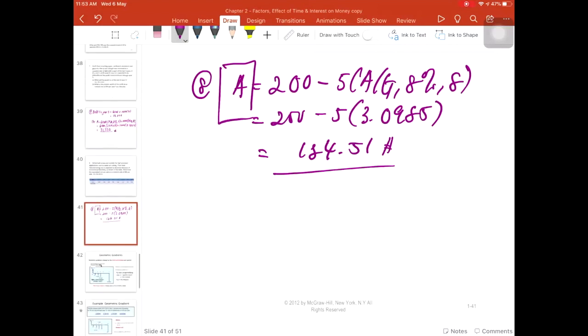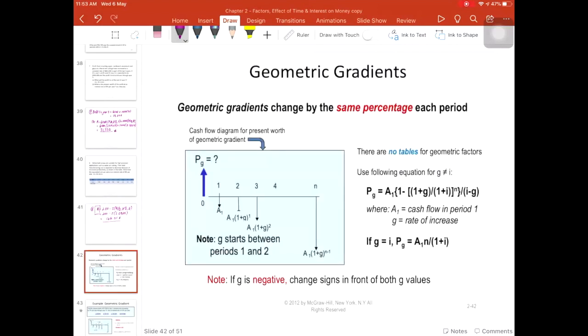Right. Next, the last one is for the geometrics. Tadi we have P over F, F over P, P over A, F over A, and then we have arithmetics. The last one is about the geometrics.